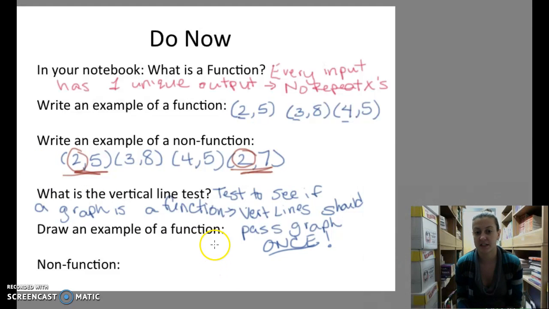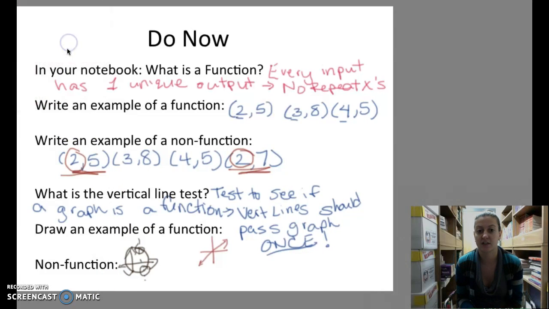So an example of a function on a graph might be just like a straight line. And an example of a non-function could be anything that has a vertical line passing through more than once. So a circle is the best example because it fits perfectly. Okay? There we go.